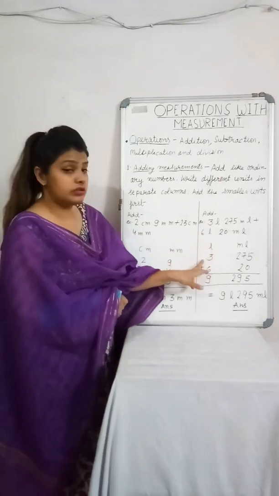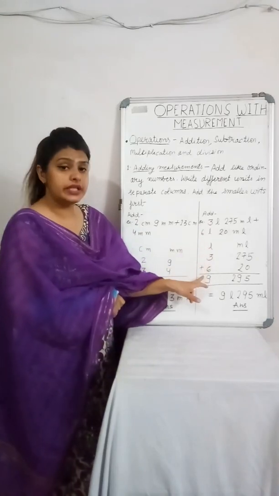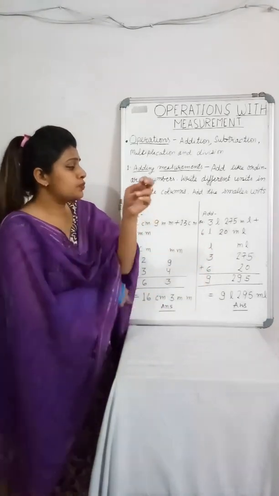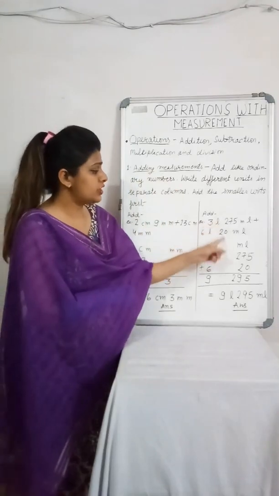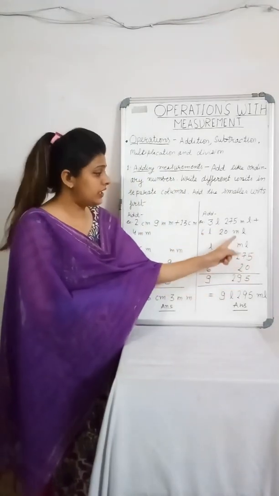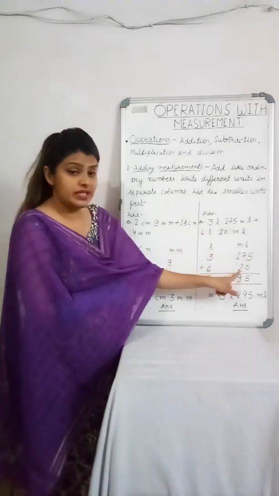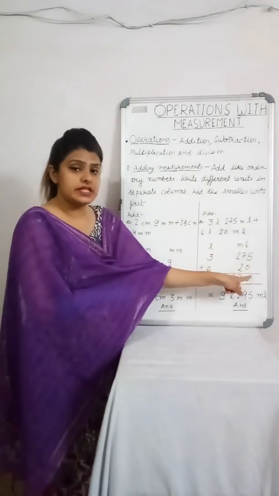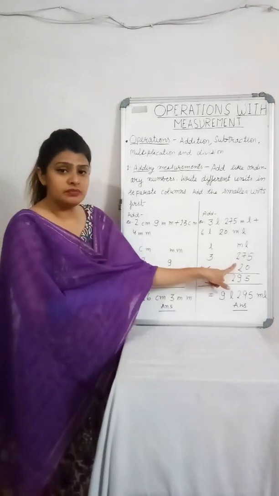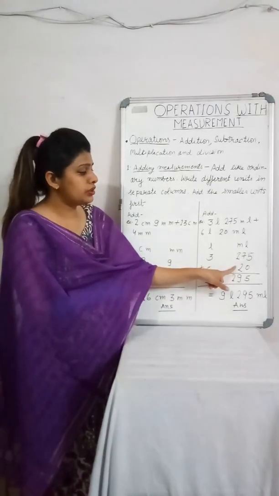Then 3 will be put here and 6 will be put under the liter heading. Now to put milliliters, first we will write 275 and then 20 milliliters. But 20 we will put at the tens place and the ones place. The hundreds place will be empty because there is no unit here.